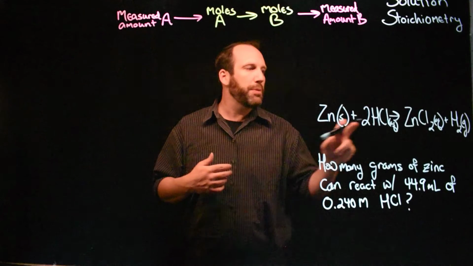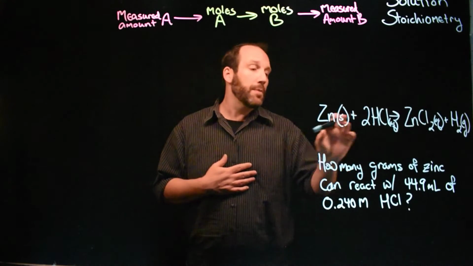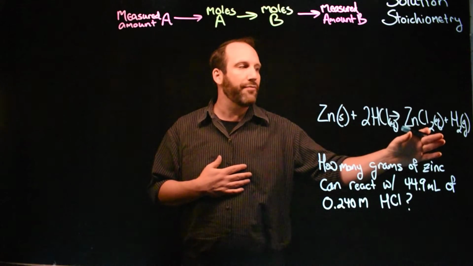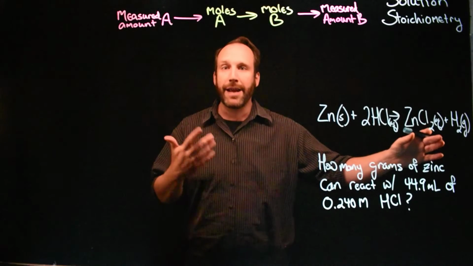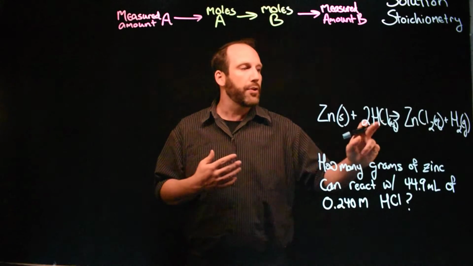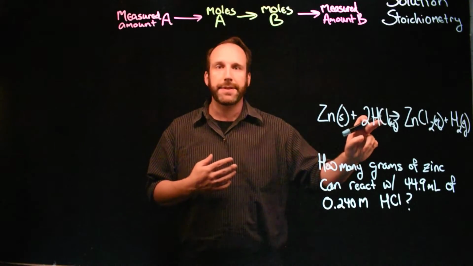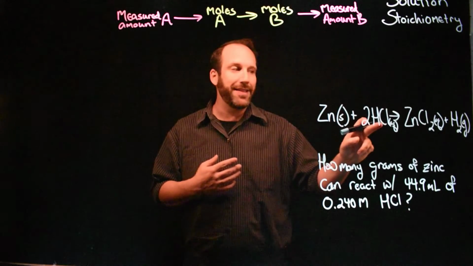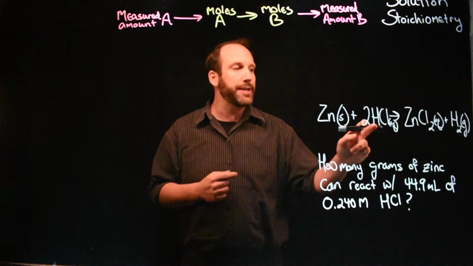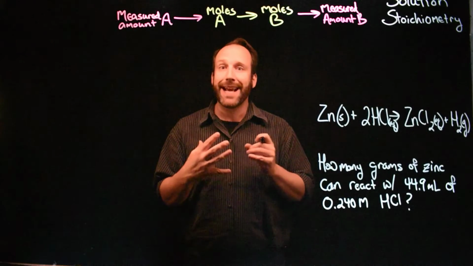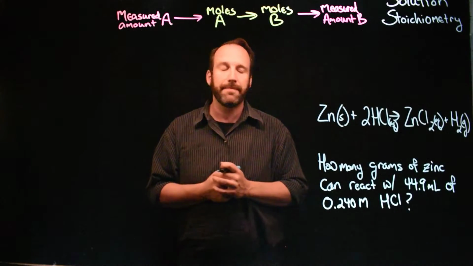So zinc metal becomes zinc 2+ in the form of zinc chloride in an aqueous solution. The chloride is coming from the hydrochloric acid. The H in the HCl forms hydrogen gas, and that's the bubbling that you see.